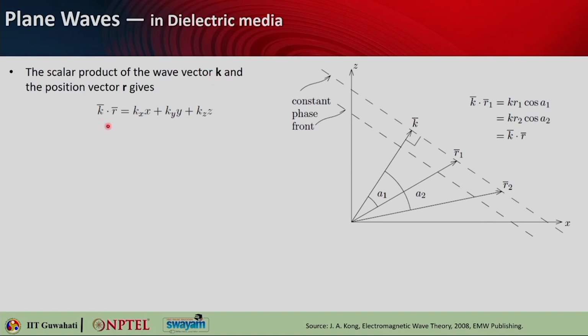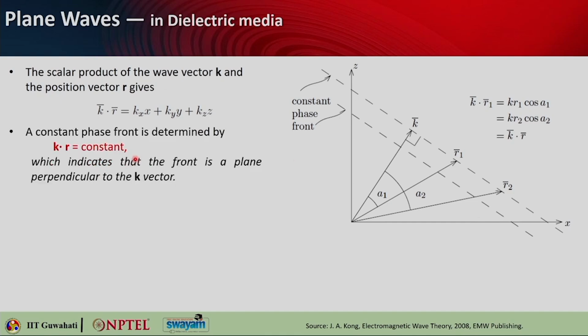When you compute k dot r, you get kx x. R is the position vector that can be written as x cap plus y cap plus z cap. When you do this dot product, you get kx x plus ky y plus kz z. That actually gives you a phase front because k dot r is a constant.